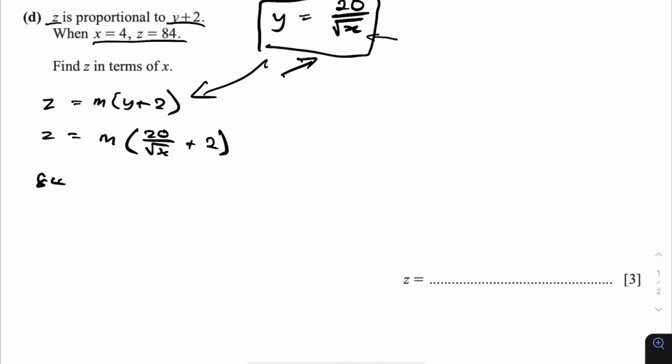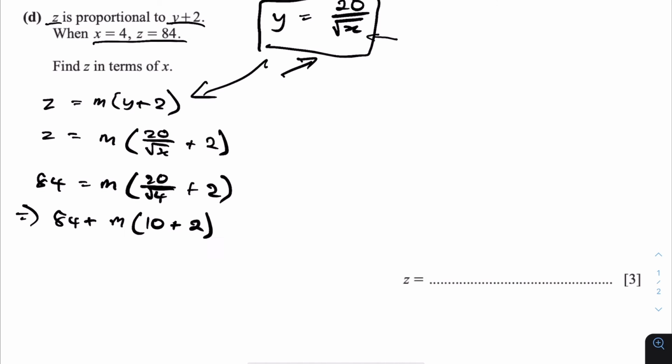So 84 is equal to m times 20 over root 4 plus 2, and then root 4 is 2, so 20 over 2. So it's m times 10 plus 2. So 12m is equal to 84, and m is equal to 7.